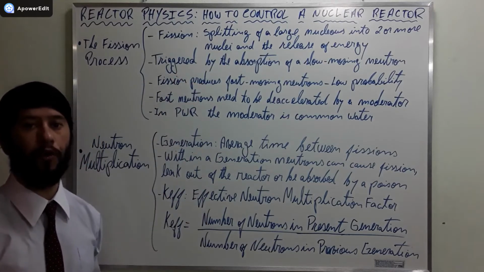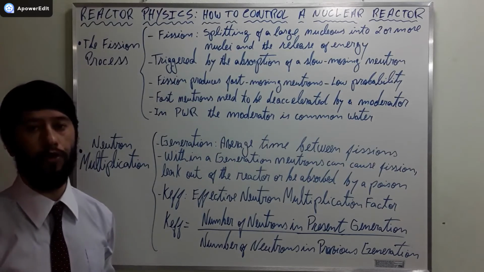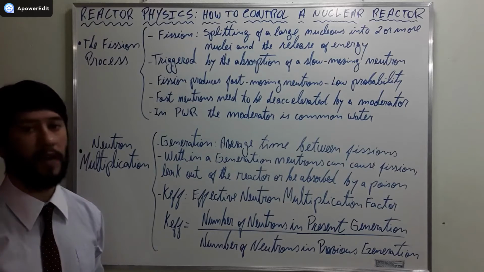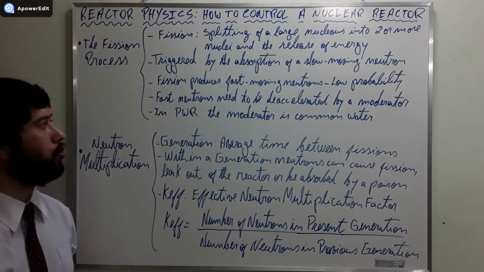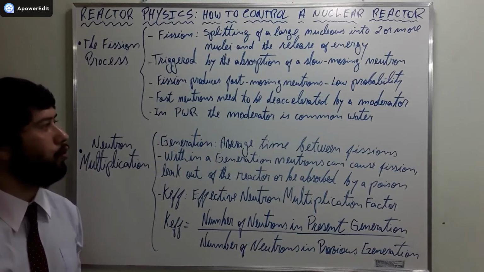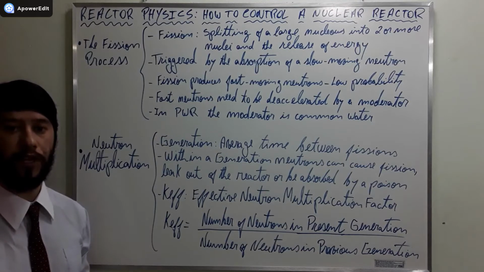Fission is triggered by the absorption of a slow-moving neutron. Nevertheless, the fission process produces fast-moving neutrons, and they have a low probability of causing fission again.